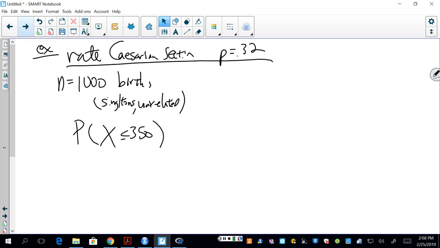This reasonably well fits a binomial situation, right? Binomial n equals 1,000, p equals 0.32.